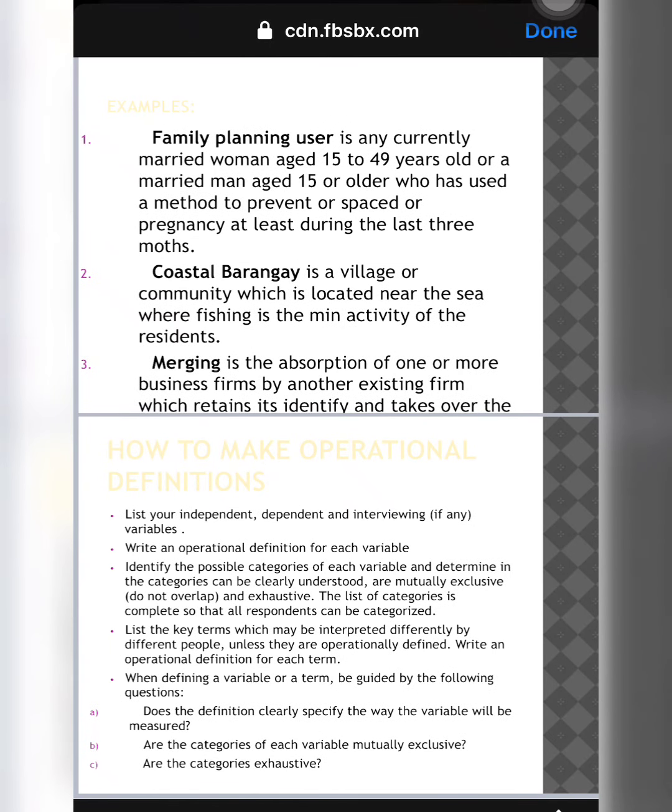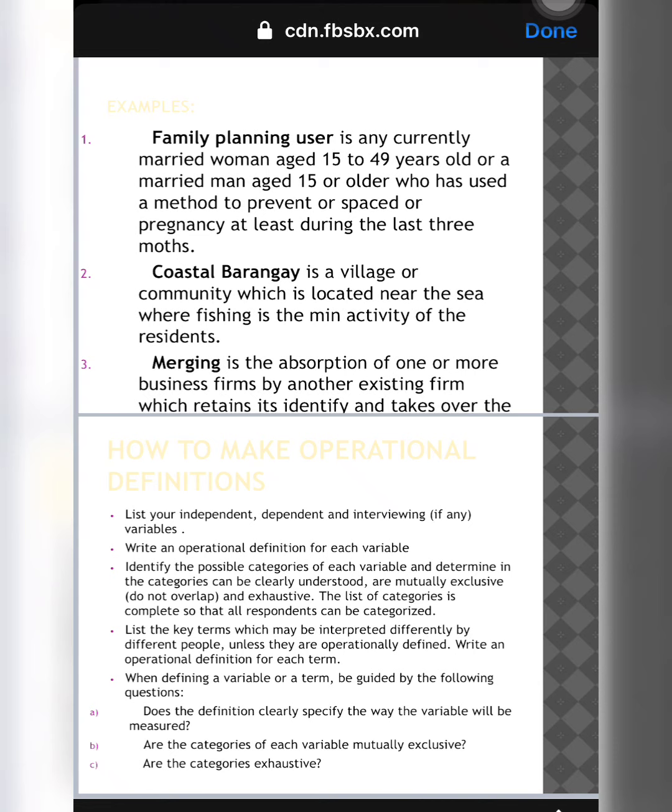And lastly, how to make operational definitions. First, list your independent, dependent, and intervening, if any, variables. Second, write an operational definition for each variable.